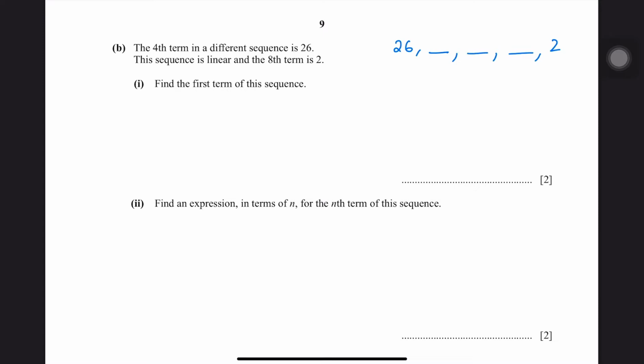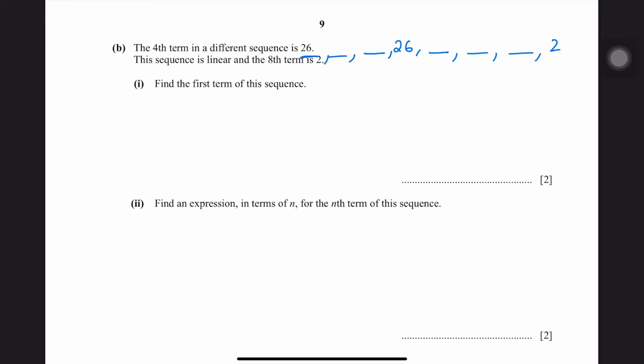Now the question is asking me to find the first term of this sequence. Okay, I know that there are terms before it as well. Now I know that I need some common difference being subtracted from here.